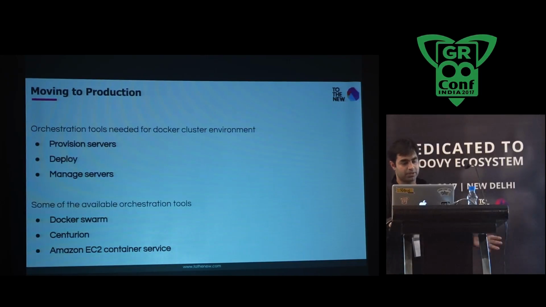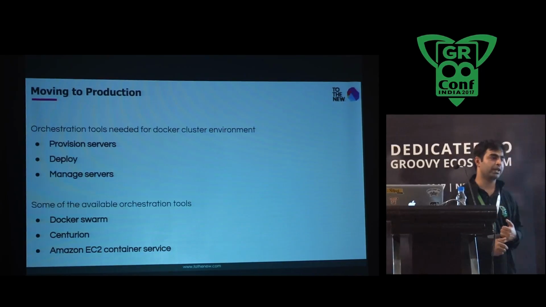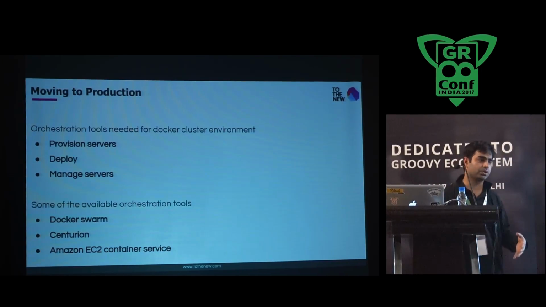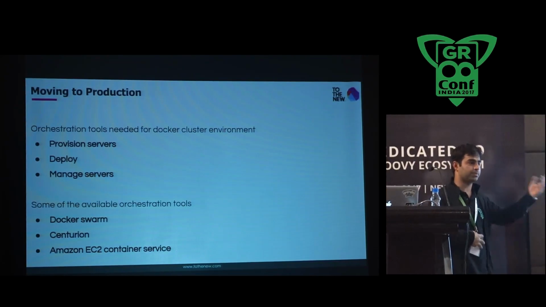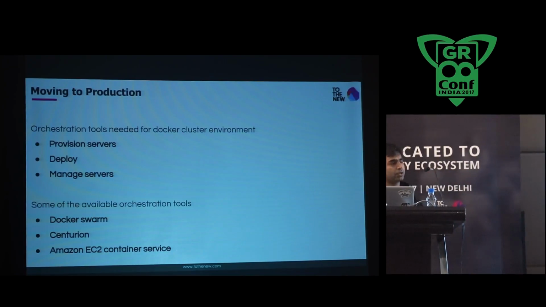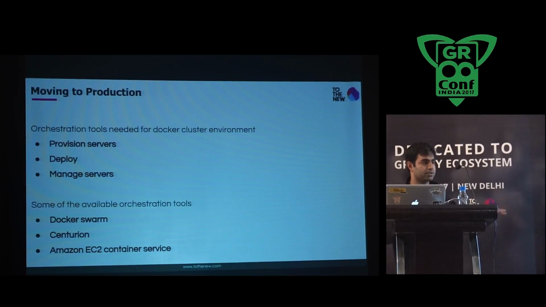there are multiple orchestration tools available. So Docker Swarm, AWS also provides some services which you could use to directly create Docker images, push Docker images on that AWS service, and it will spin up containers, and you need not worry about underlying servers.